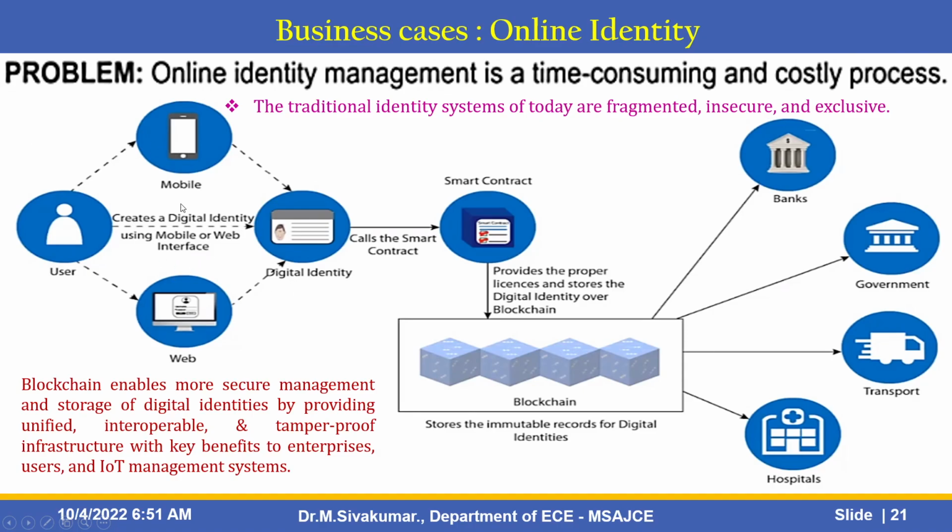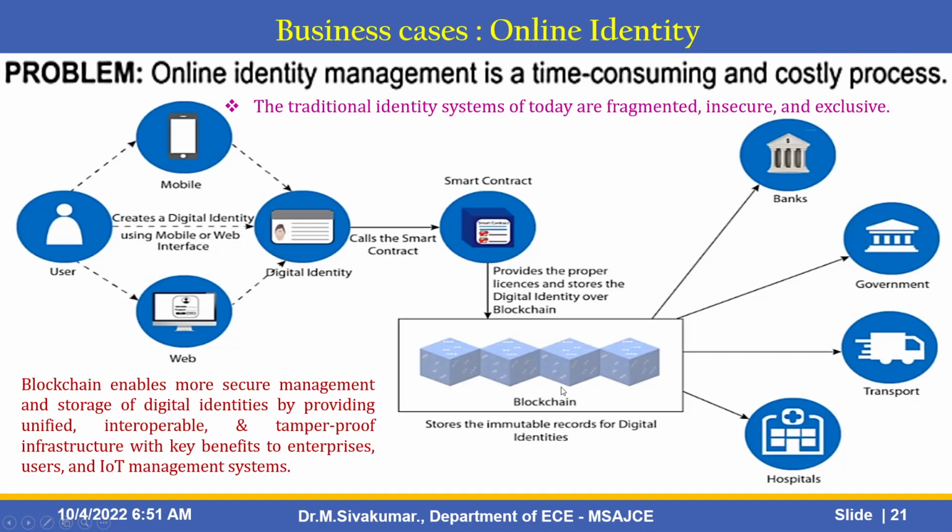Here you can see the user can create a digital identity using a mobile or web interface. Finally, it becomes a digital identity and calls the smart contract. The smart contract provides the proper license and stores the digital identity over the blockchain. This blockchain architecture stores immutable records of the user's digital identities.